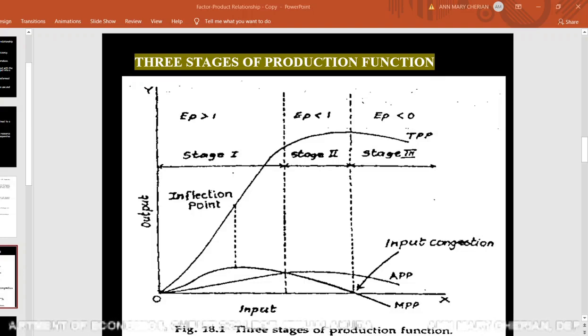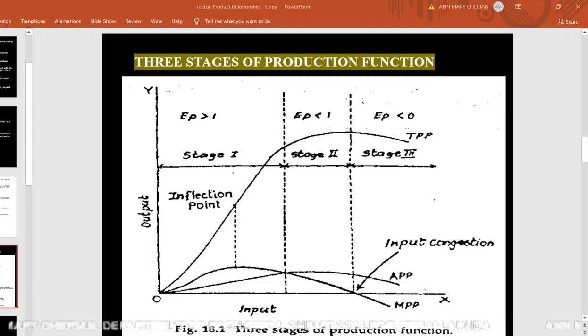See, MPP is maximum at the point of inflection. At the point where MPP is maximum, the corresponding point in the TPP curve is the inflection point.